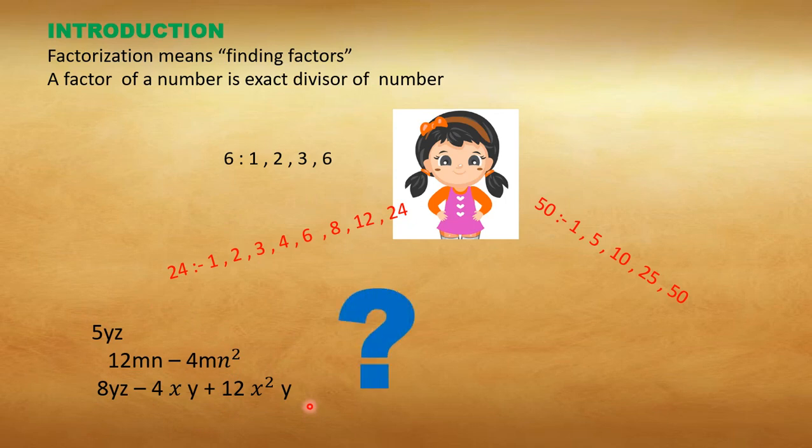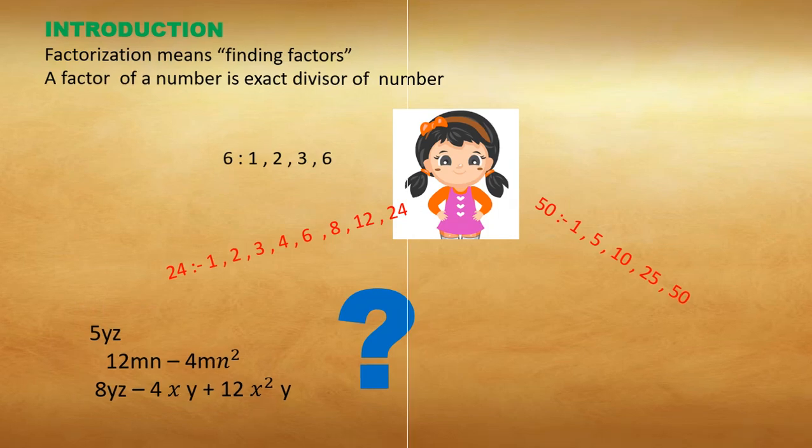So in this chapter, we are going to find the factors of algebraic expressions, just as we are able to find the factors of any numerical value or any number. In this same way, we will find the factors of algebraic expressions also.